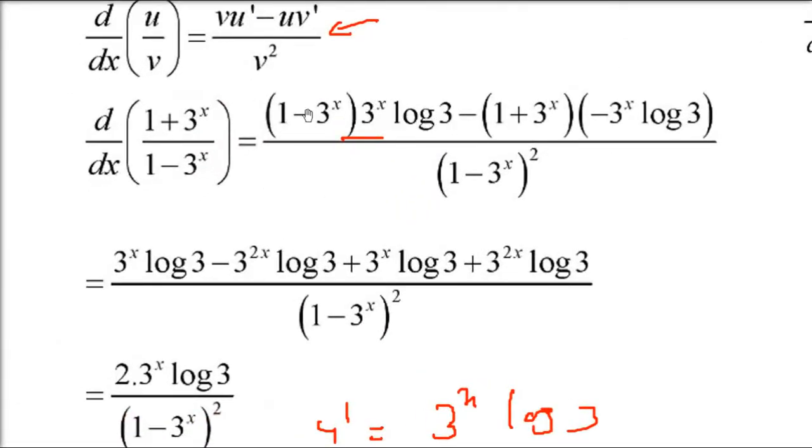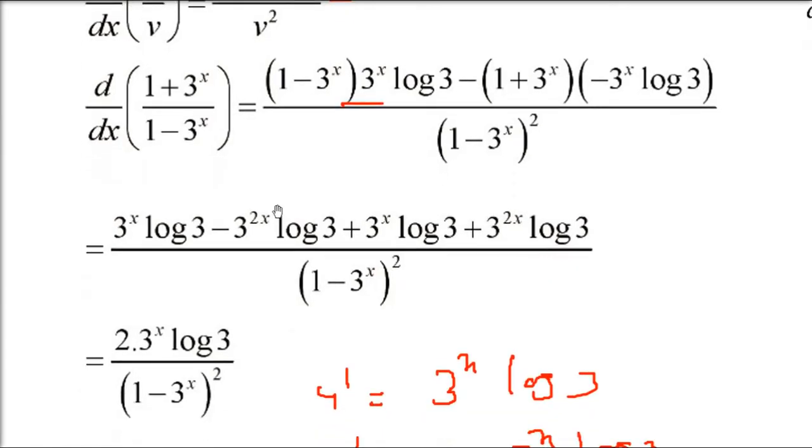Now I am multiplying it. 3 raised x log 3, then we have 3 raised x log 3. So 3 raised x times 3 raised x will be 3 raised 2x. Minus minus will become plus, and then we have this minus minus plus. Again 3 raised x log 3, and 3 raised x times 3 raised x, again 3 raised 2x log 3.